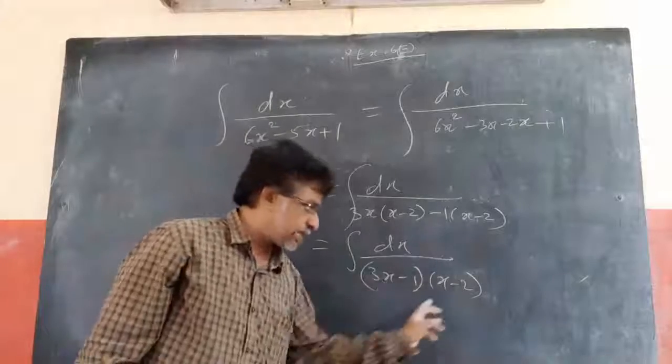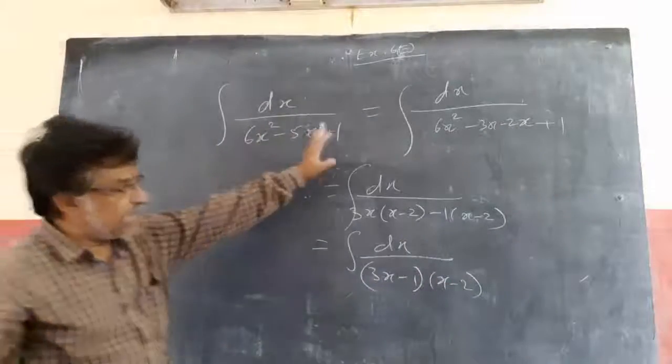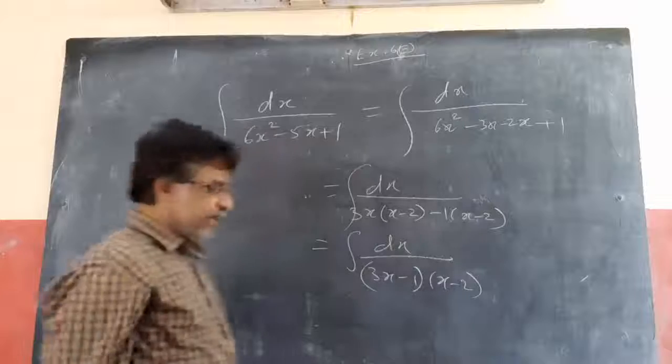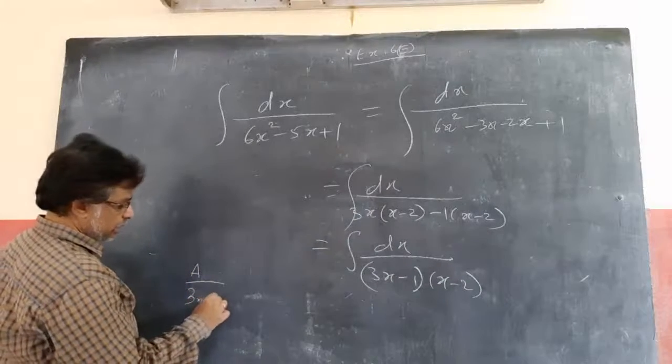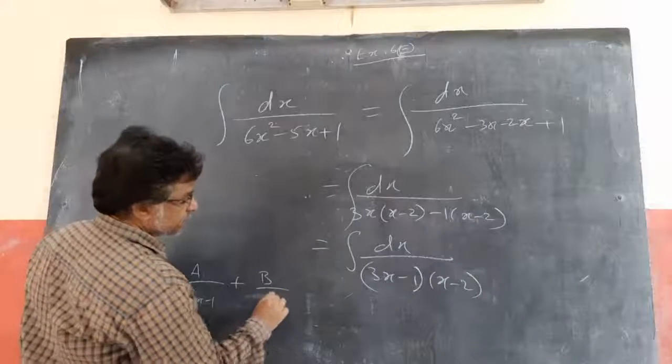Now we can go for partial fractions of this, since it is factorized. So this is A by (3x minus 1) plus B by (x minus 2).